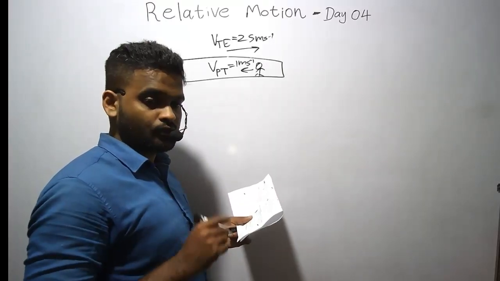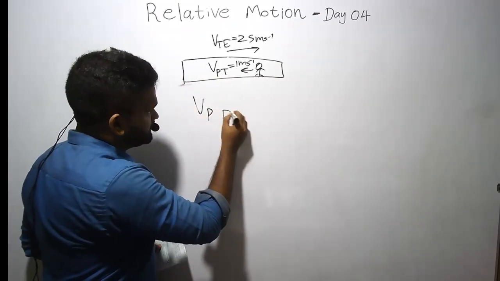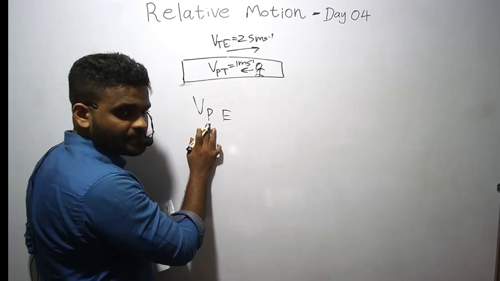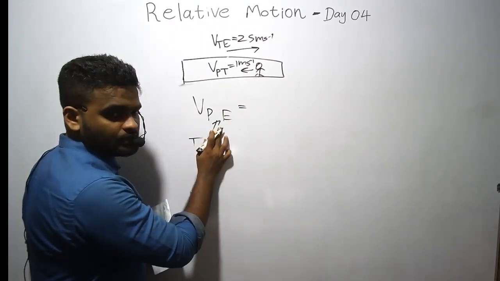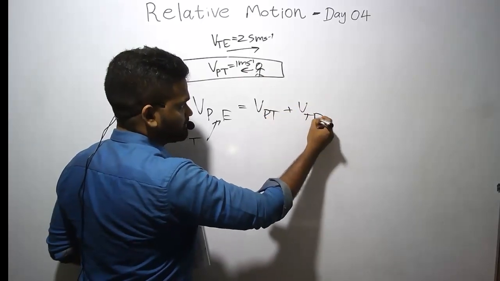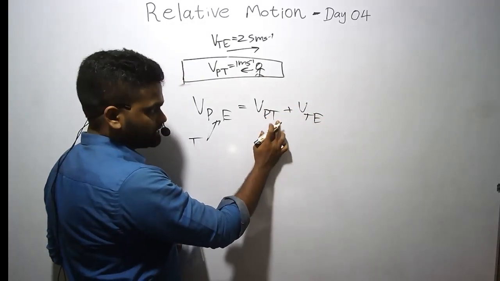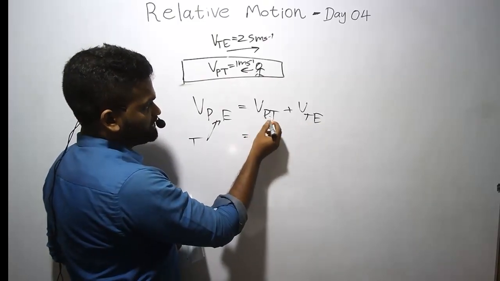What do they ask? Velocity of passenger relative to Earth. This is what they ask. Relative to Earth, velocity of passenger. Put third object in between. What do you get? VPT plus VTE. Understood? T in between, right? So what is VPT?